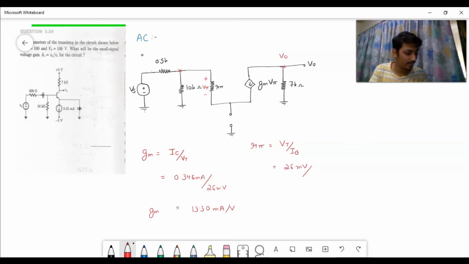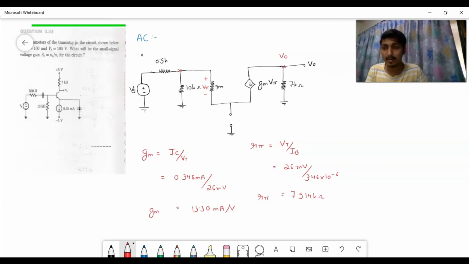Ib is nothing but 3.46 microamps, 10 raised to minus 6. Okay, so we got 7.514 kilo ohms as r pi.